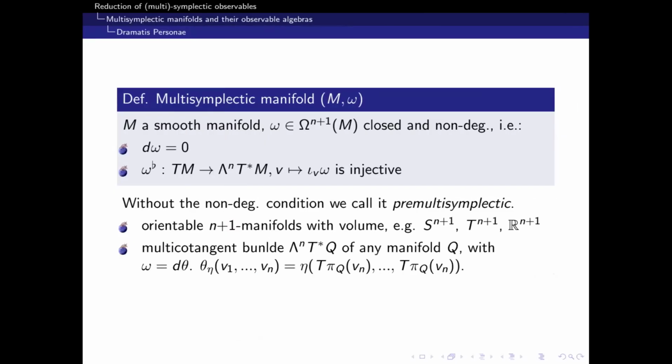The example of the cotangent bundle can be generalized to a multi-cotangent bundle. The same way one has a canonical n-form on lambda n T star Q, and its exterior derivative turns out to be multisymplectic. And somehow, in spirit replacing the coadjoint orbits example, one can look at multisymplectic three-forms on semi-simple Lie groups, and then there are further examples, hyperkähler manifolds, and so on.